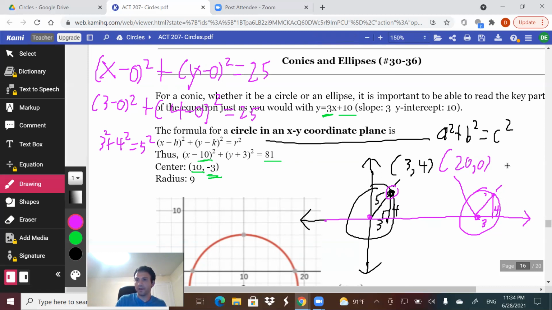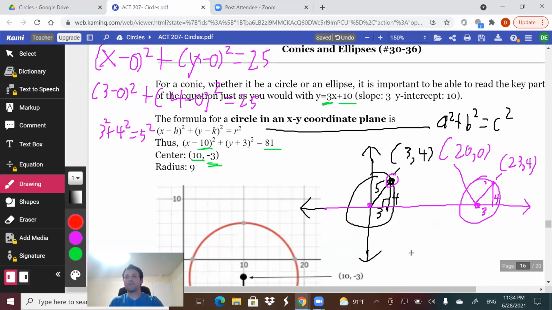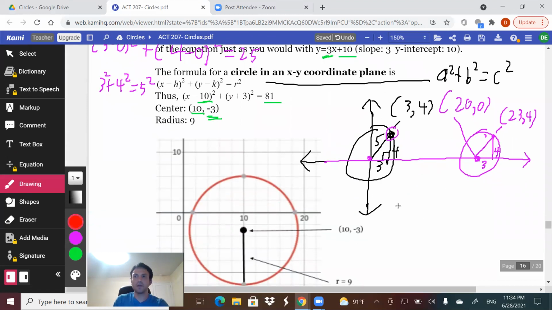So this point right here is going to be 23, 4. Well, if you think about it, the equation for this circle is going to be x minus 20 squared plus y minus 0 squared equals the radius squared, so 5 squared.